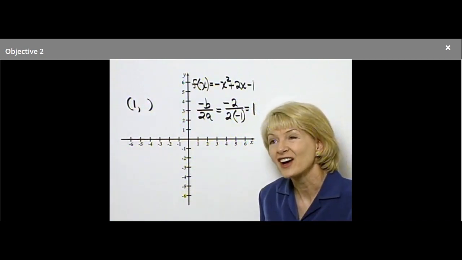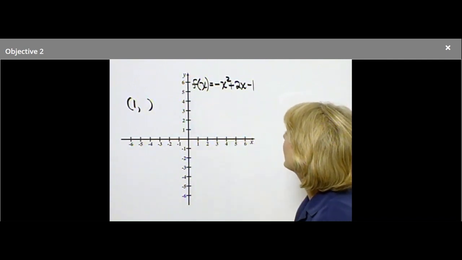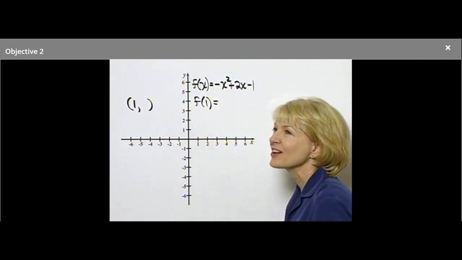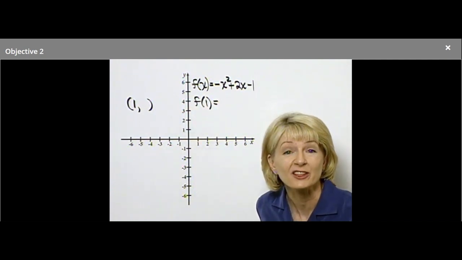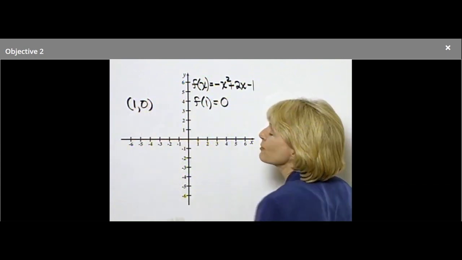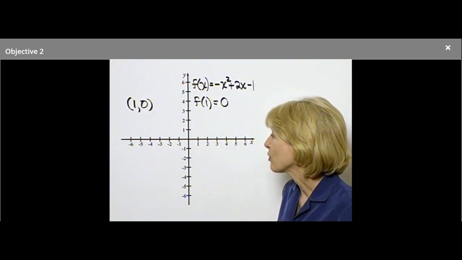How do you find the y value? You find f of 1. I'll let you find f of 1, but if you go through everywhere there's an x, you replace x with 1, you'll find that f of 1 just happens to be 0. So that is our vertex.